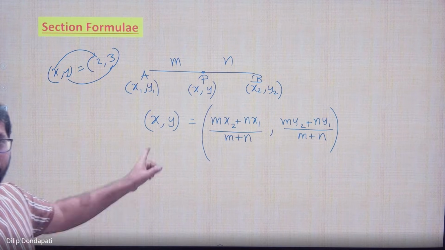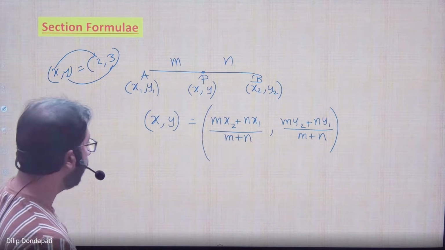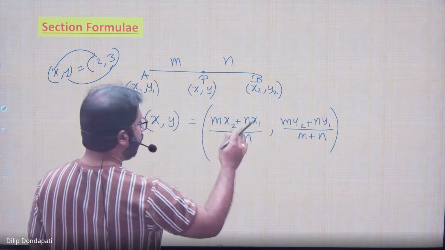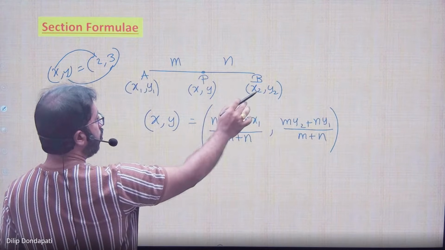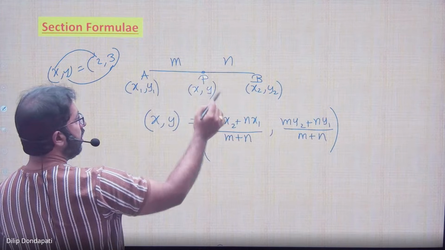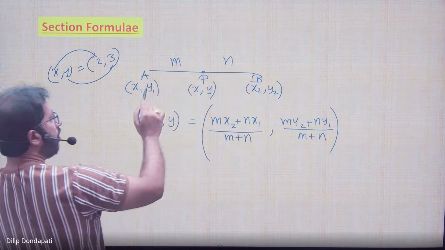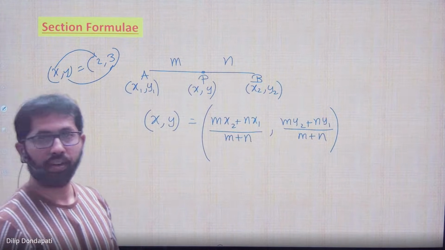So learn the formula, section formula, a very important formula. First the whole thing is in x, then the whole thing in y. So m x2 plus n x1 by m plus n, comma m y2 plus n y1 by m plus n. Learn it, the last section formula.